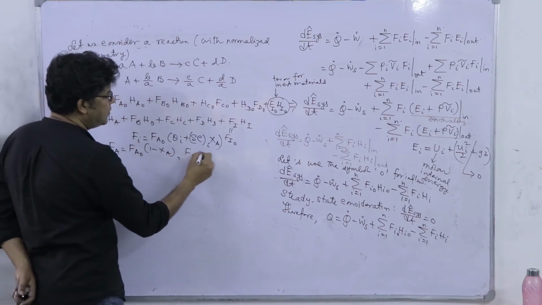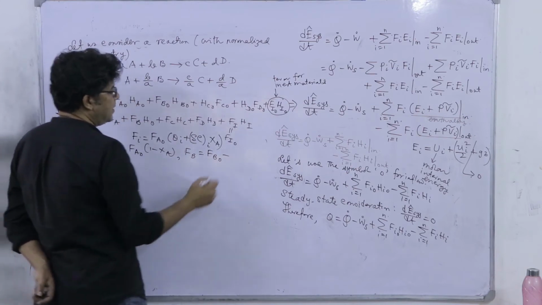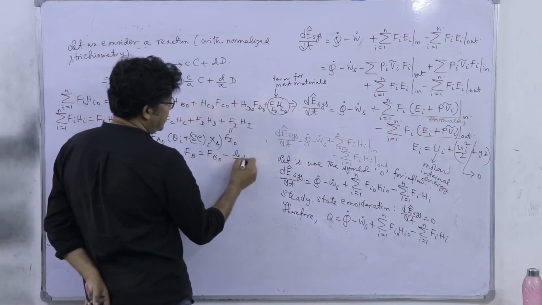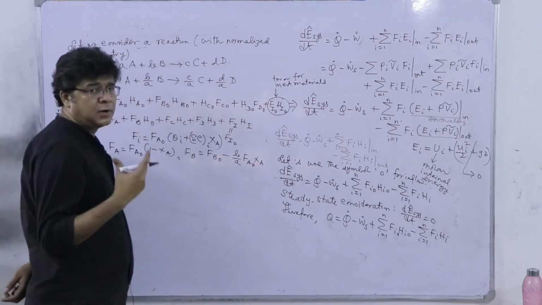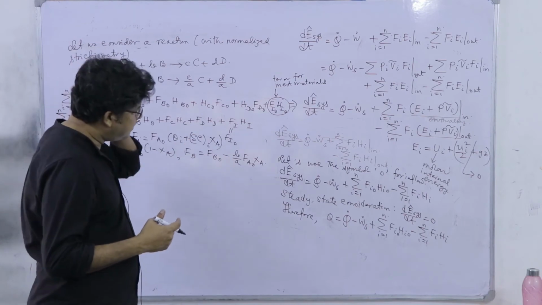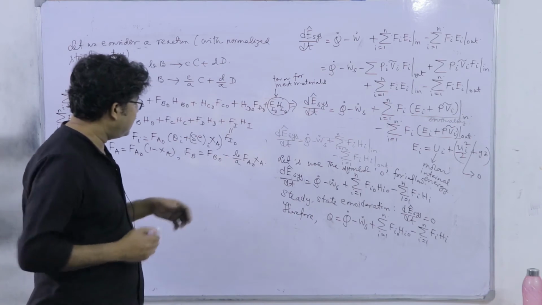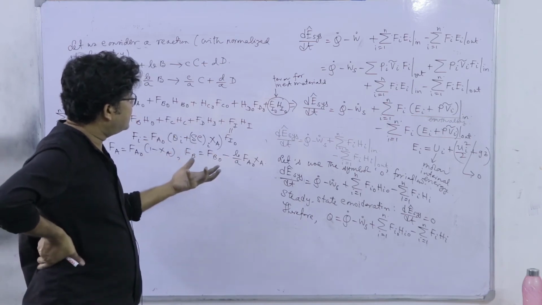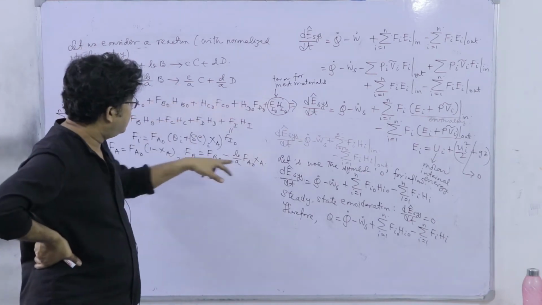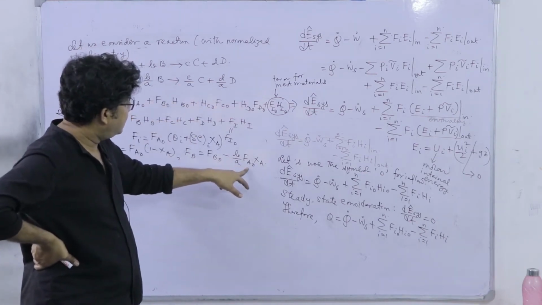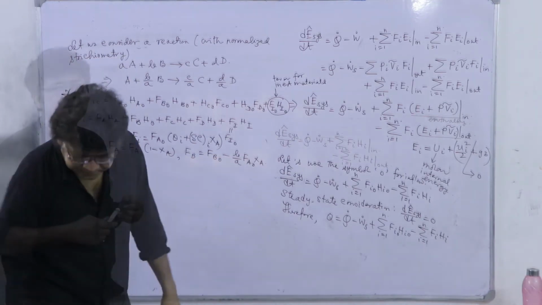Now, Fb we can write as Fb0 minus b by a into Fa0 into Xa. Because if Xa moles of A are converted, then the amount of conversion for B will be b by a into Xa according to the stoichiometry. So that will be Fa0 into Xa, right.